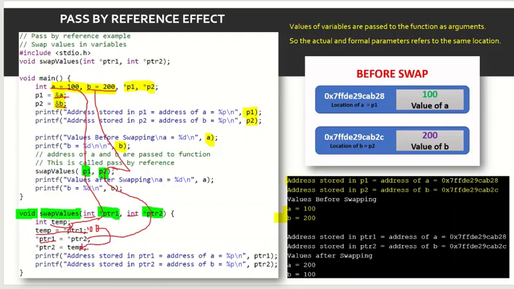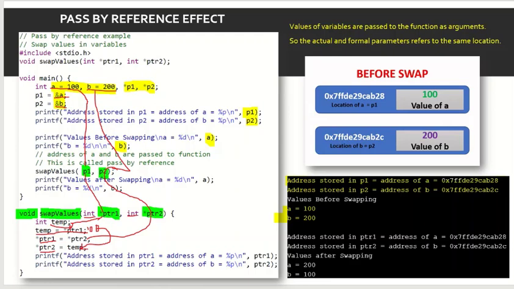using temp back to the second pointer location. That is ptr2 is actually holding the location p2, which is the location of b.